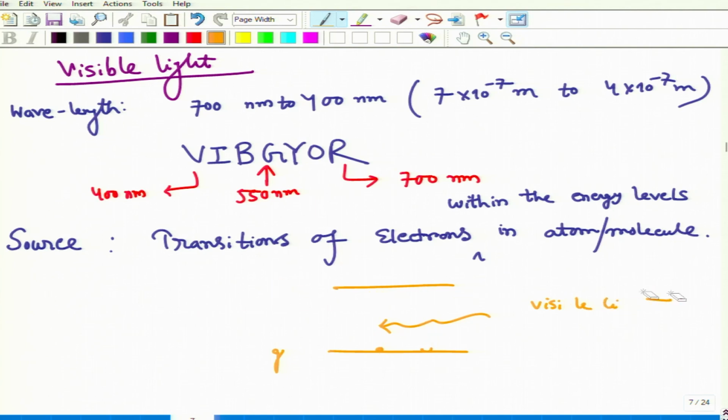That's why we can say that for the materials this shirt is made of, the electrons of these materials are making a transition around 700 nanometer, meaning the energy gap between the energy levels corresponds to around 700 nanometer on the wavelength scale. Then it looks like red color.